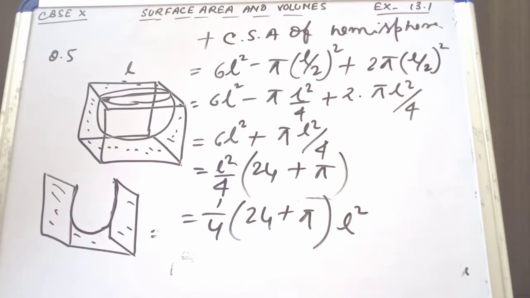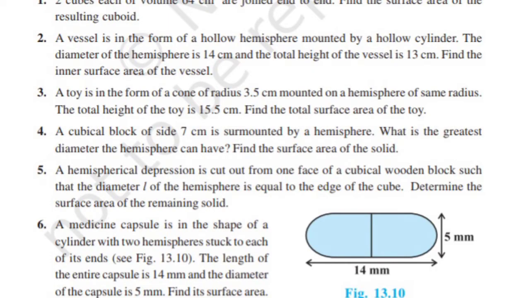Now the next question, question number 6. A medicine capsule is in the shape of a cylinder with two hemispheres stuck to each of its ends. The length of the entire capsule is 14 millimeter and the diameter of the capsule is 5 millimeter. Find its surface area.